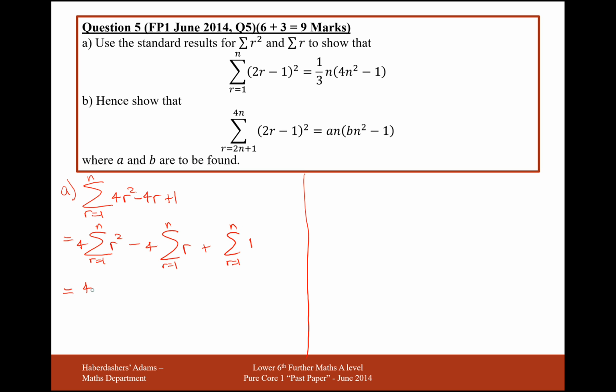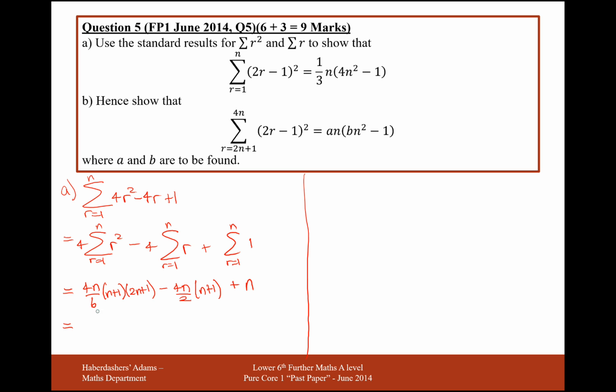So the formula for r squared is n over 6, n plus 1, 2n plus 1. The next one is take away 4, and then the formula is n over 2, n plus 1. And then the last bit here, think of this as 1 add 1 add 1, n times, which will just be n.